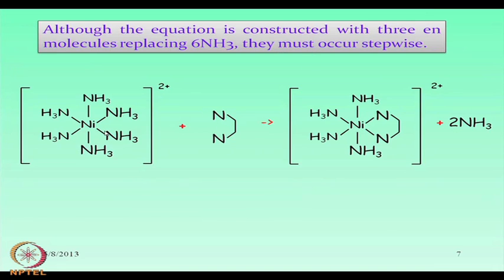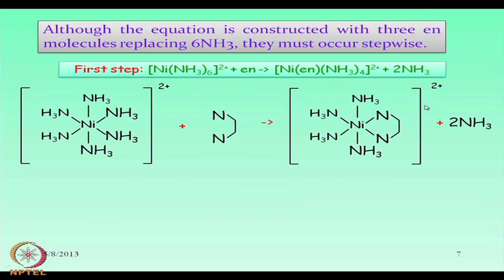Therefore, we consider that in the first step, one ethylenediamine molecule is attaching to the nickel, but it is very difficult to isolate in the solid state and characterize by some structural or spectroscopic methods the species where the nickel center is bound to 4 ammonia molecules and 1 ethylenediamine, because this is some kind of intermediate species which is forming within the solution, and the stability of this particular intermediate is not so high that we can isolate it by using some other anion.